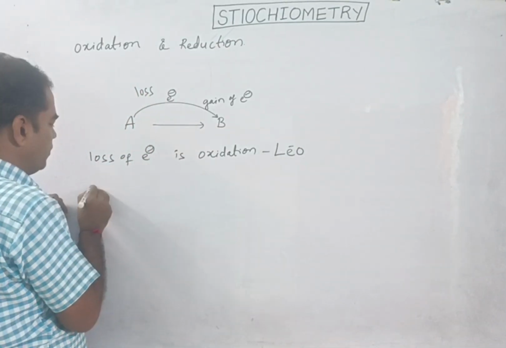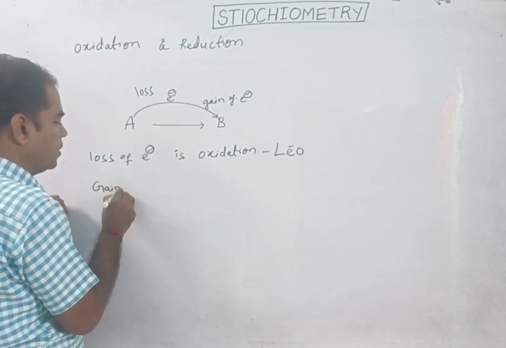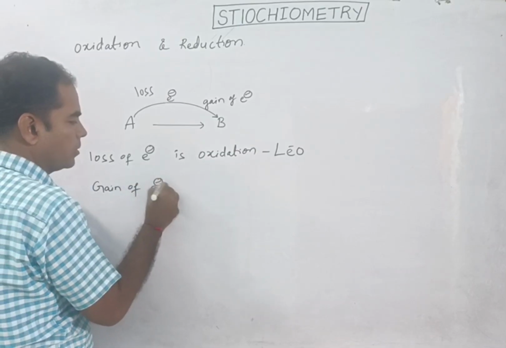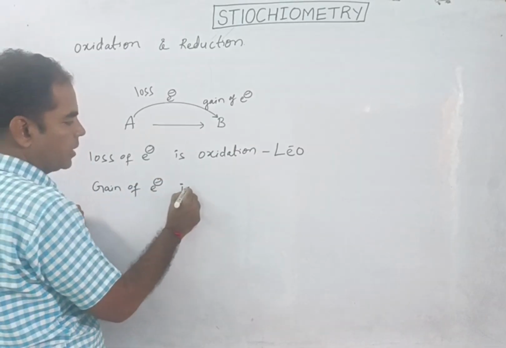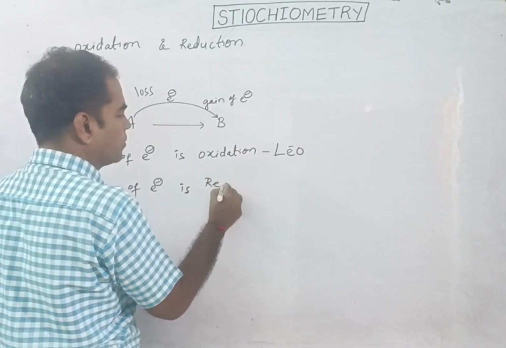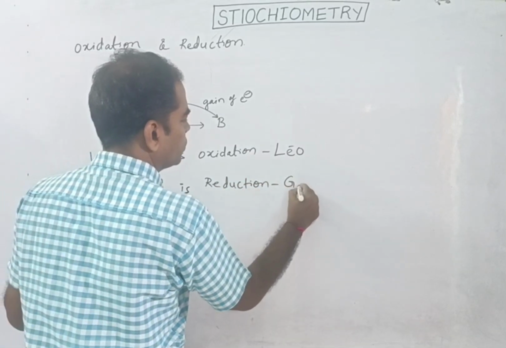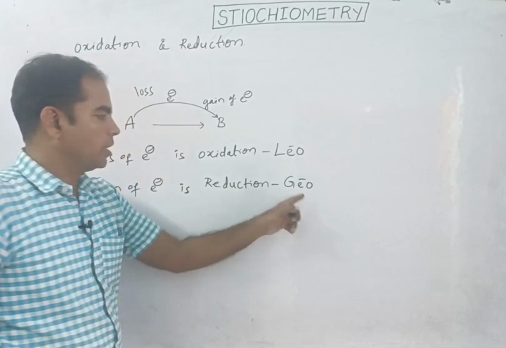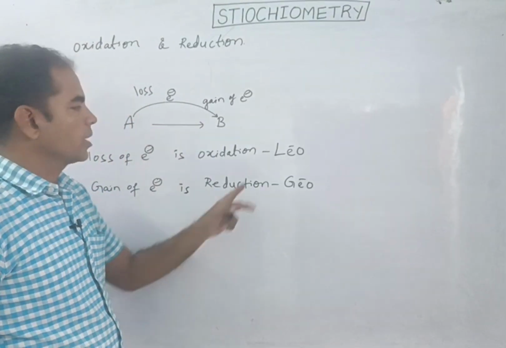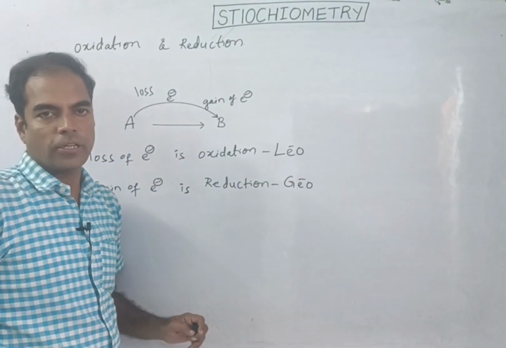Next, gain of electron. E minus means electron. Gain of electron is reduction, GER. Gain of electron is reduction. Loss of electron is oxidation.